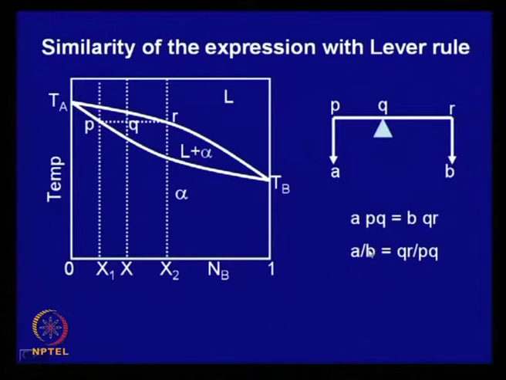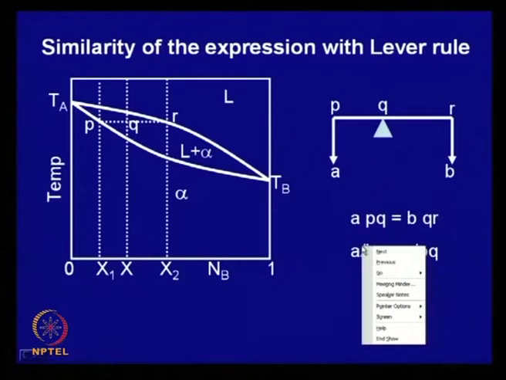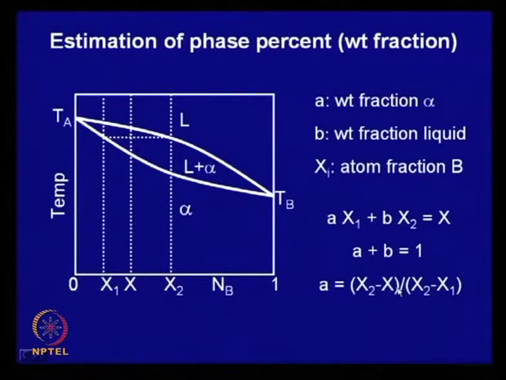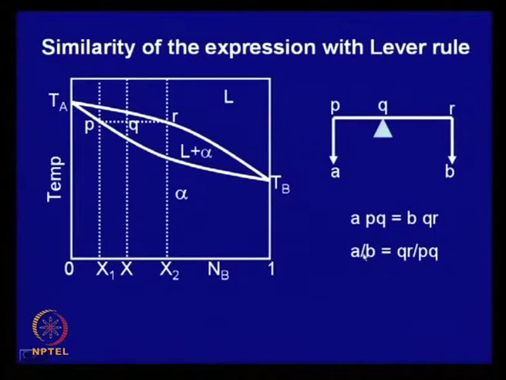So, A over B equals QR over PQ. In fact, the expression which we derived here is also exactly similar. You can find a similar expression for B also, take the ratio A over B, then what you get is this.